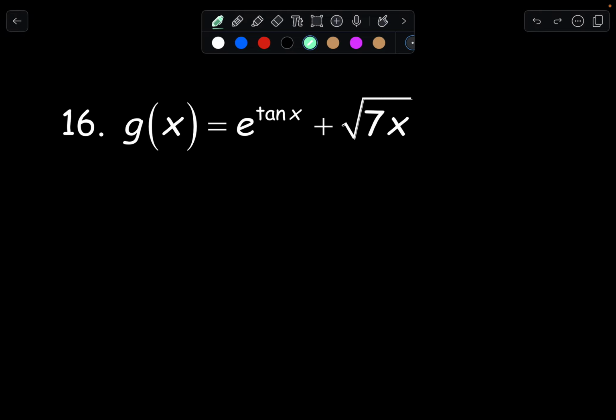So let's see. Interesting. Okay, so let's do a rewrite. I don't have to rewrite it like this, but maybe some of you see it. So we have e, and then we have a function to the tan x.